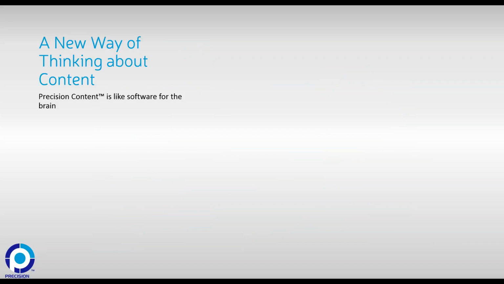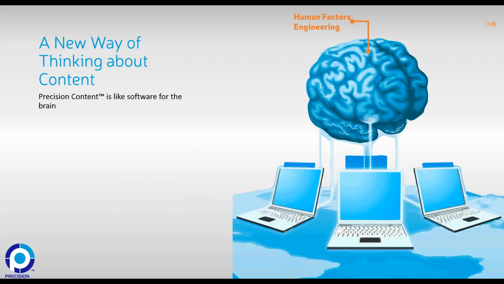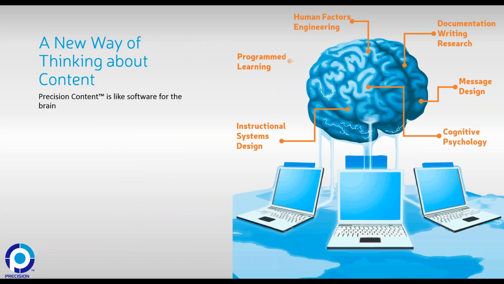So our precision content methodologies really are based on scientific research in many different areas that help us understand how the brain works, how the brain is able to take in information, process it, and retain it in a way that is optimal for consumption.